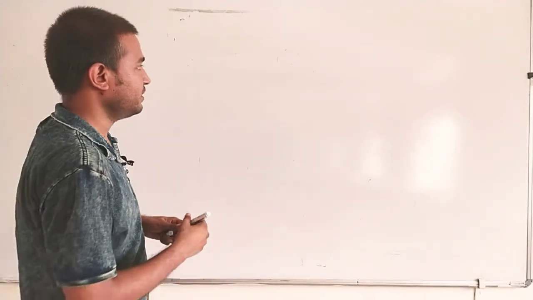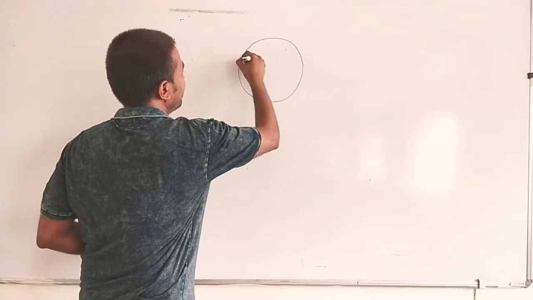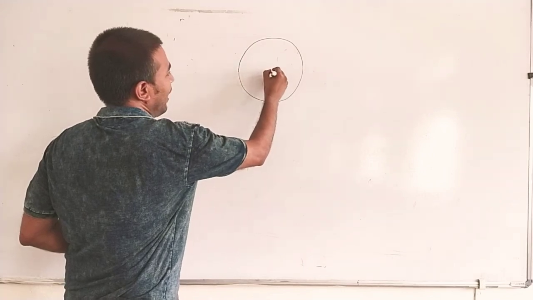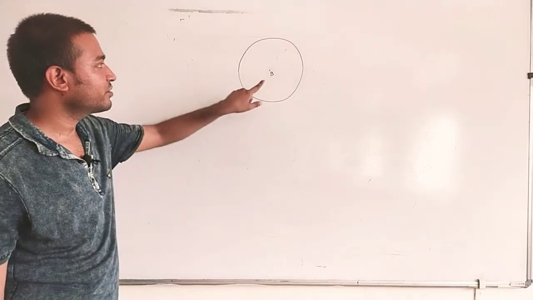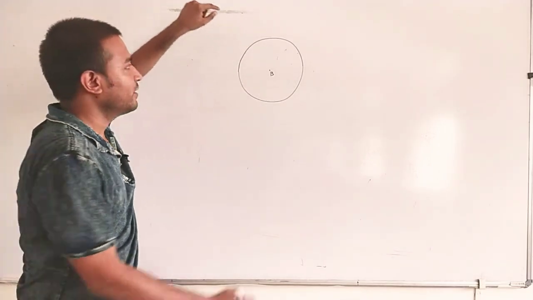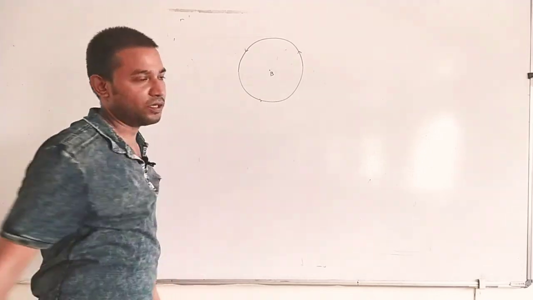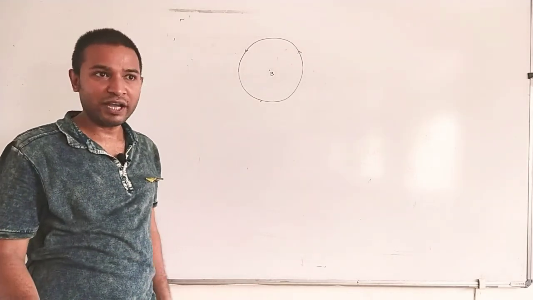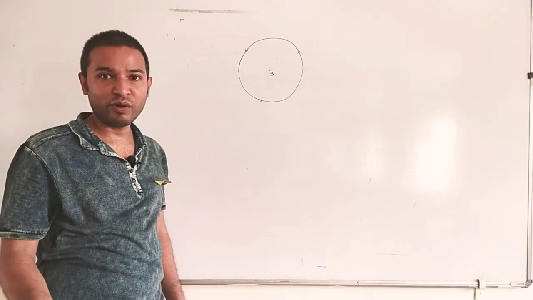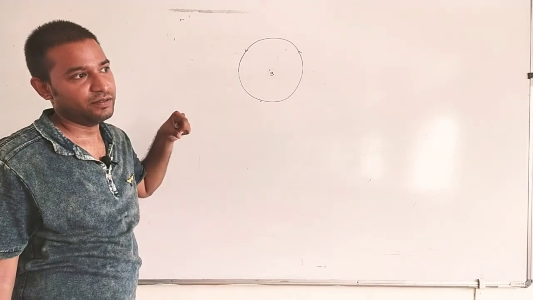Next, the topic is we have to find out the magnetic field expression at the center of a current carrying coil. The current is flowing in a circular path, in a circular current carrying wire. Now we have to find out the magnetic field at the center.